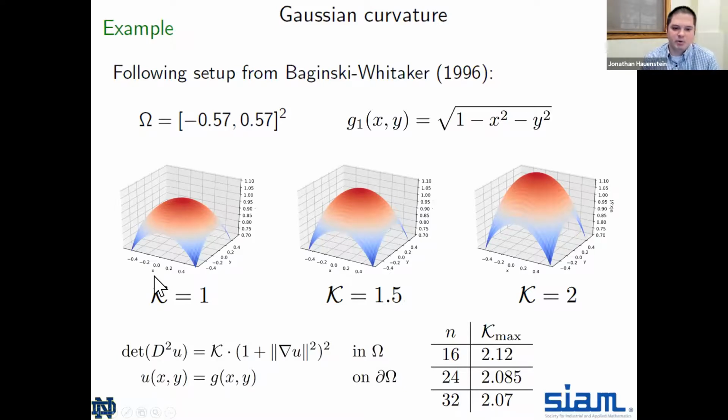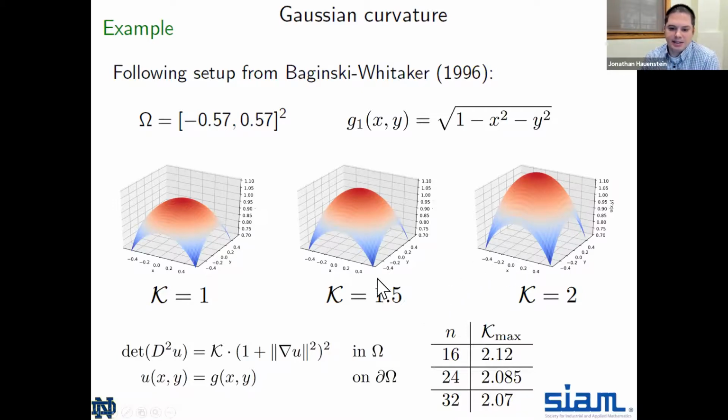When you have low constant curvature, say 1, it's really easy to find. You can find a solution easily. And now what you do is you push K larger by making the minimum singular value go to 0. So we're increasing K by forcing the minimum singular value to decrease.